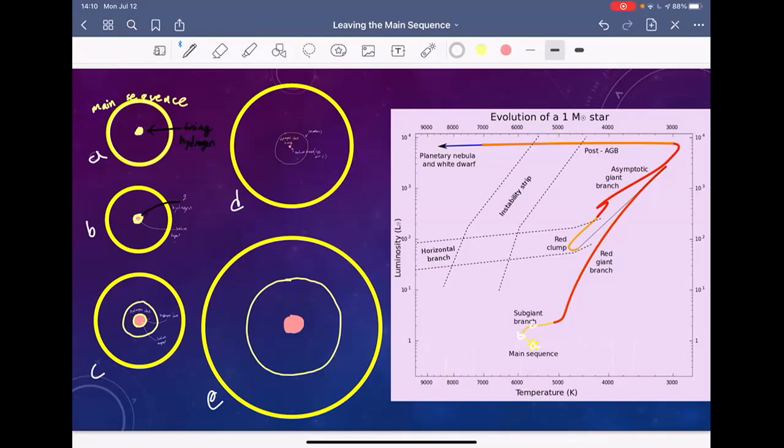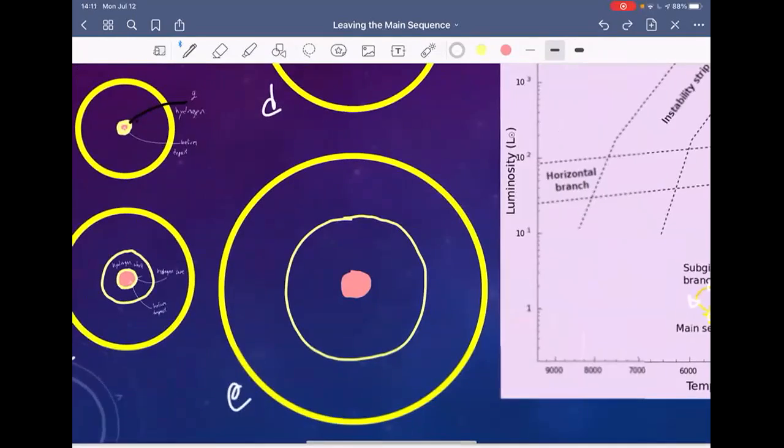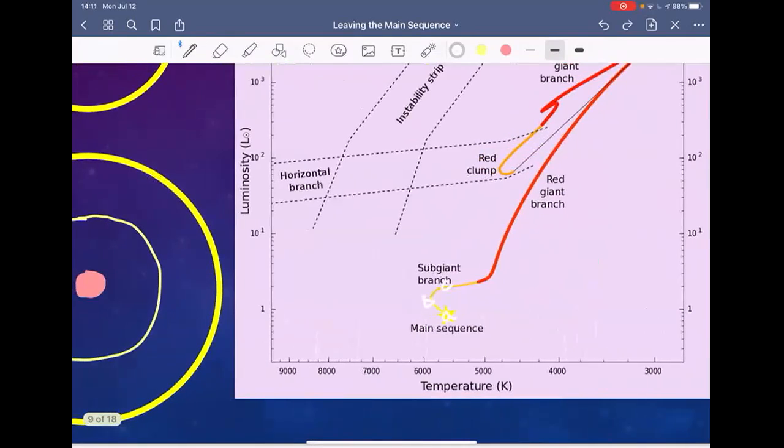And since the star gets bigger, the surface is now further away from the core, and the surface becomes cooler. And since the surface becomes cooler, the surface temperature of the star decreases.